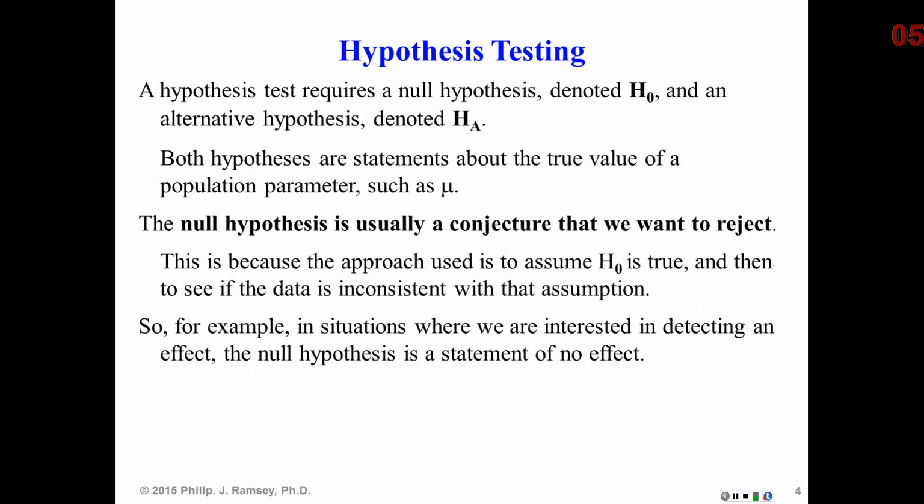So in hypothesis testing, as originally developed by R.A. Fisher, we begin with what he called a null hypothesis, symbolized commonly by a capital H with a subscript 0. And the null hypothesis is your statement of belief about what the true value of the population parameter might be.